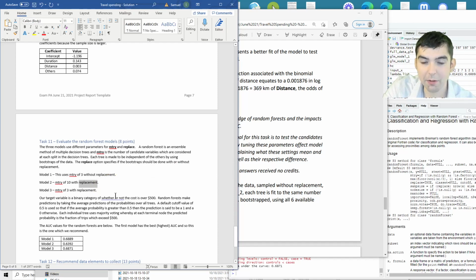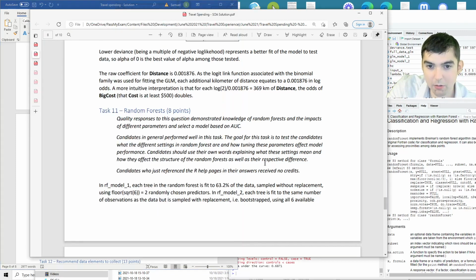That's a very unlikely outcome, but it's possible. Whereas if you are sampling without replacement, the data sets are going to be more similar to each other, which means there's less variation, lower variance, which means that by the bias-variance trade-off, you'll have higher bias. That's another area you could talk about that we didn't get into detail in this answer.